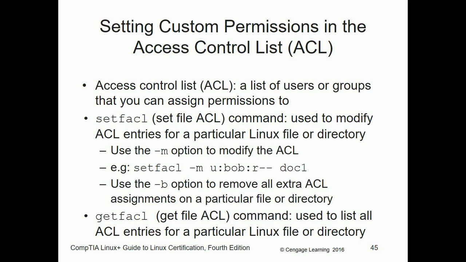Use the -m option to modify the ACL, and use the -b option to remove all extra ACL assignments. getfacl, get file ACL command, is used to list all ACL entries for a particular Linux file or directory.